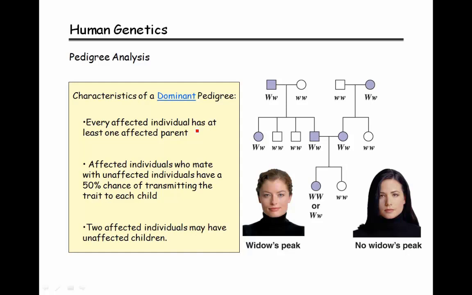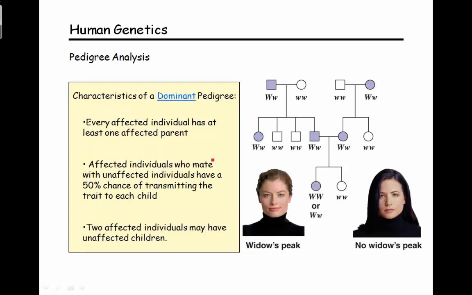If we are dealing with a dominant pedigree, what we would be looking for is this: if we can find an individual at the bottom of the pedigree that has that dominant look, we should be able to find at least one of their parents that has it. Because notice if they are colored in, they've got at least one capital letter, and that capital letter had to come from at least one of their parents.